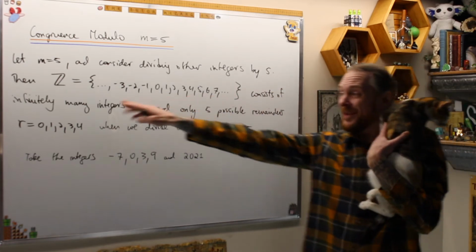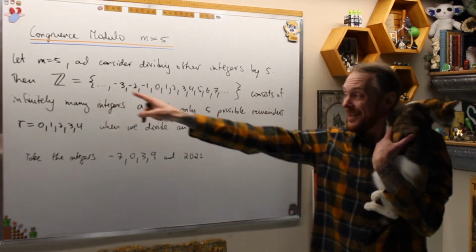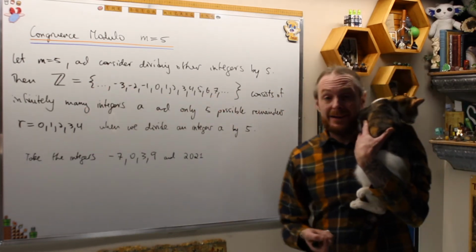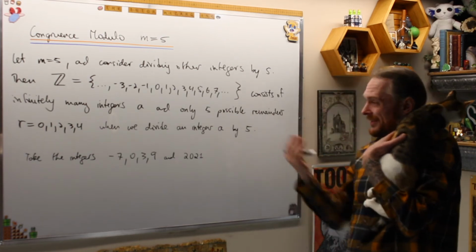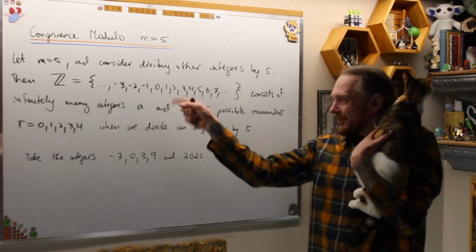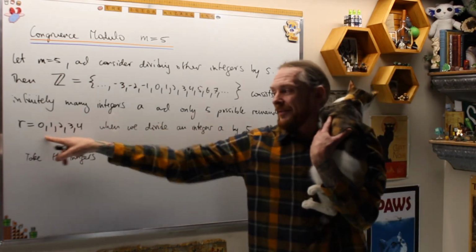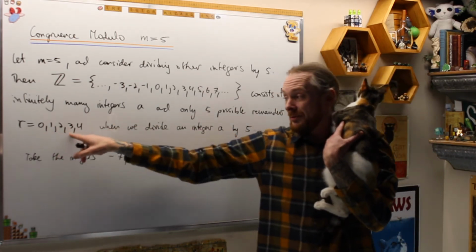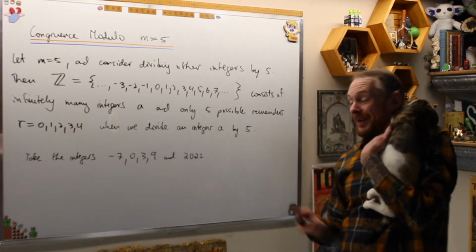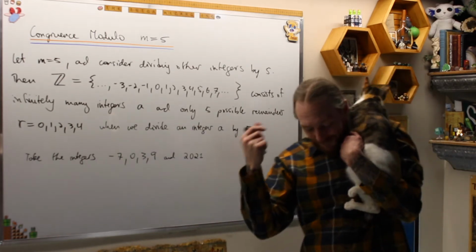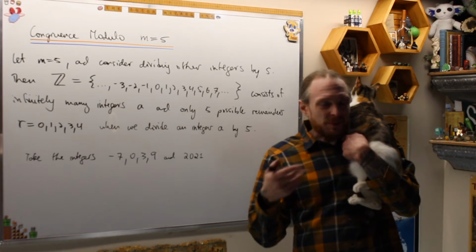We're going to consider dividing every integer z by 5. What we notice first is there are infinitely many numbers in the integers z, and there are only 5 possibilities, 0, 1, 2, 3, or 4, when we divide by 5. Therefore, every integer, no matter how large it is, plays this game.